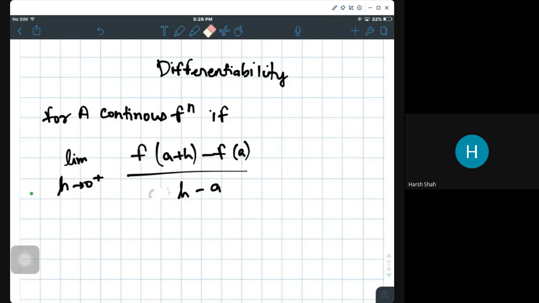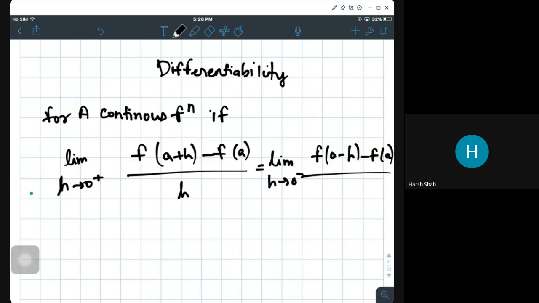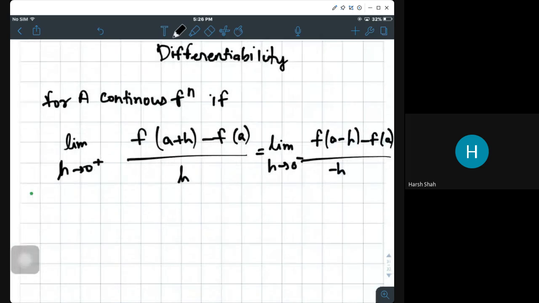Now this, as h tends to 0 plus, is equal to the limit as h tends to 0 minus of f of a minus h minus f of a upon a minus h minus a, so minus h, right? If this limit is equal, then the function is differentiable. This is called differentiation by first principles.